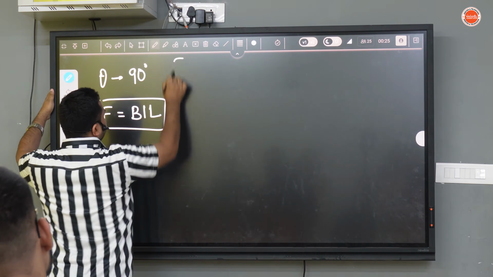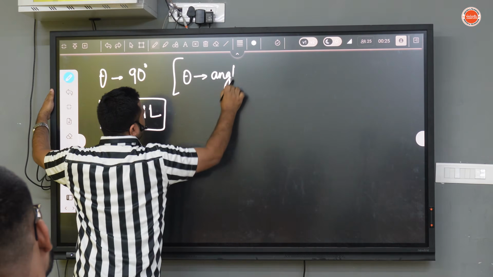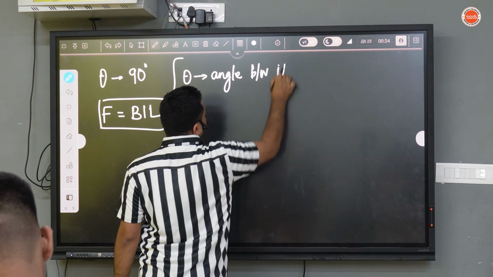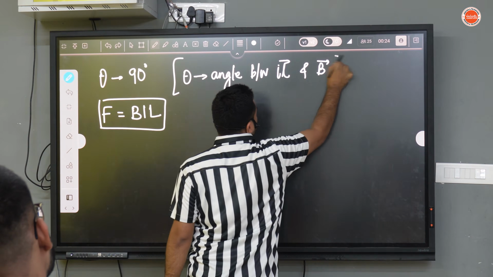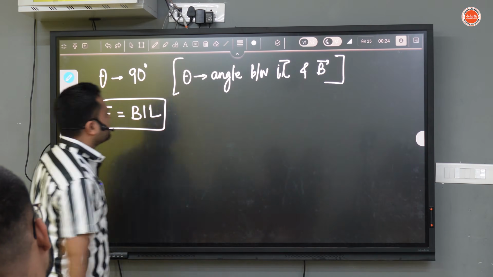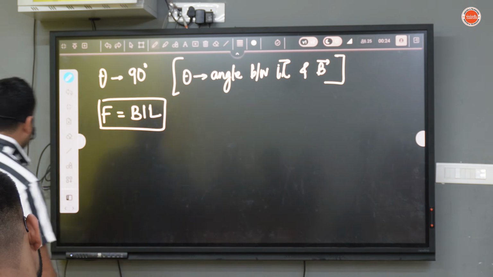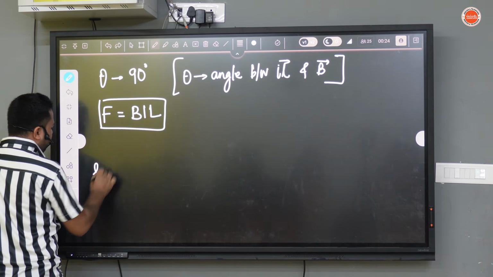This theta is the angle between the IL vector and the magnetic field. So I am taking an example.